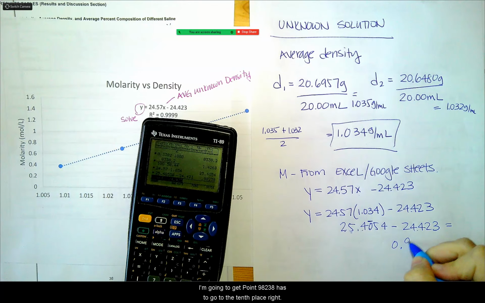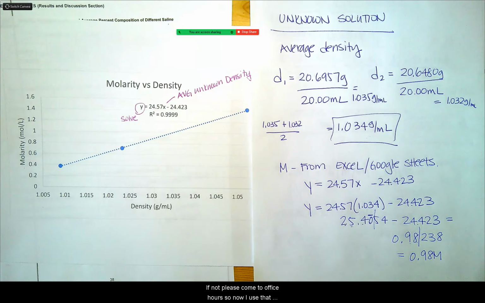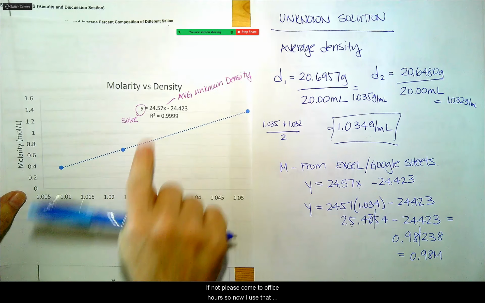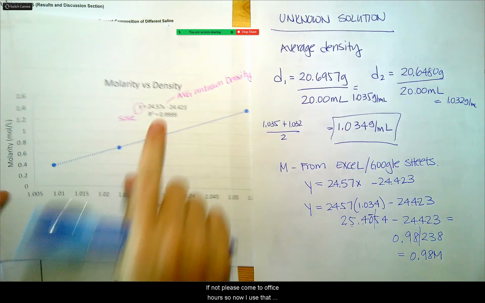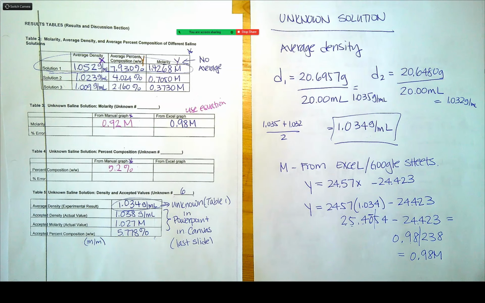So the molarity with sig figs will be 0.98 molar. Okay, I hope that makes sense. If not, please come to office hours. So I use that equation, and that's going to go here, 0.98 molar.